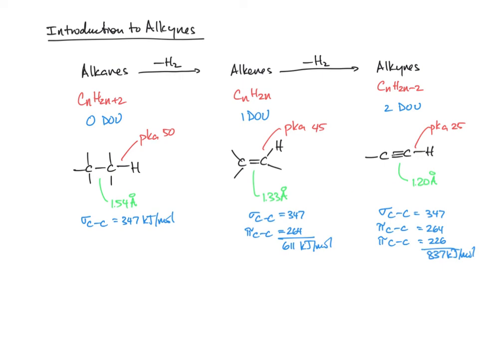The bond distance shrinks again. There's more electron density. We've added the second pi bond. It's a little bit weaker than the first one, but overall we have 837 kilojoules per mole of energy. So that's the progression of our hydrocarbon functional groups.